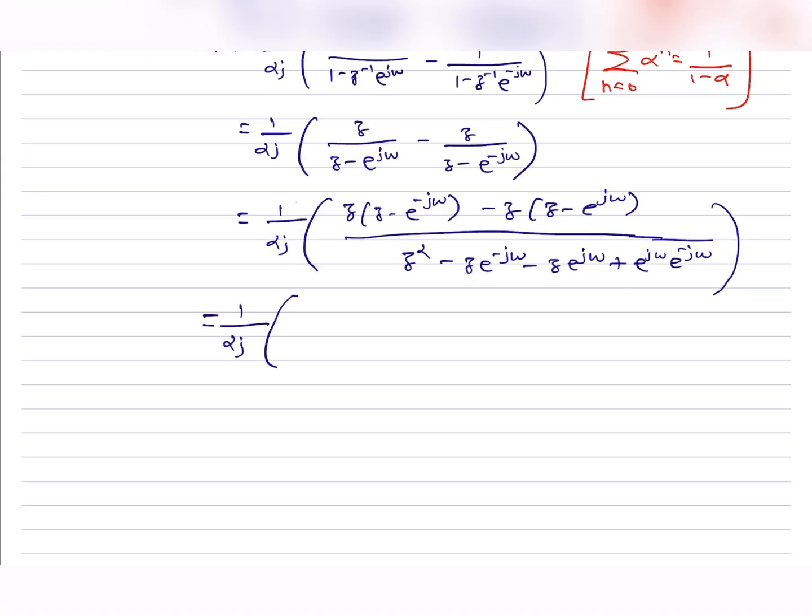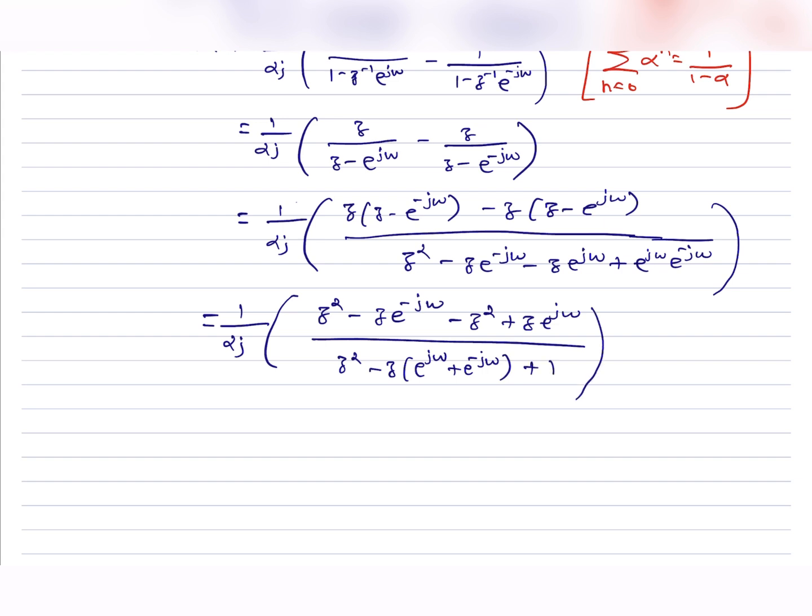And now you can simplify this: 1 over 2j into z square minus z into e to the minus j omega minus z square plus z into e to the j omega, divided by z square minus z into e to the j omega plus e to the minus j omega, written in order. In the last term, positive and negative powers get cancelled, leaving 1.